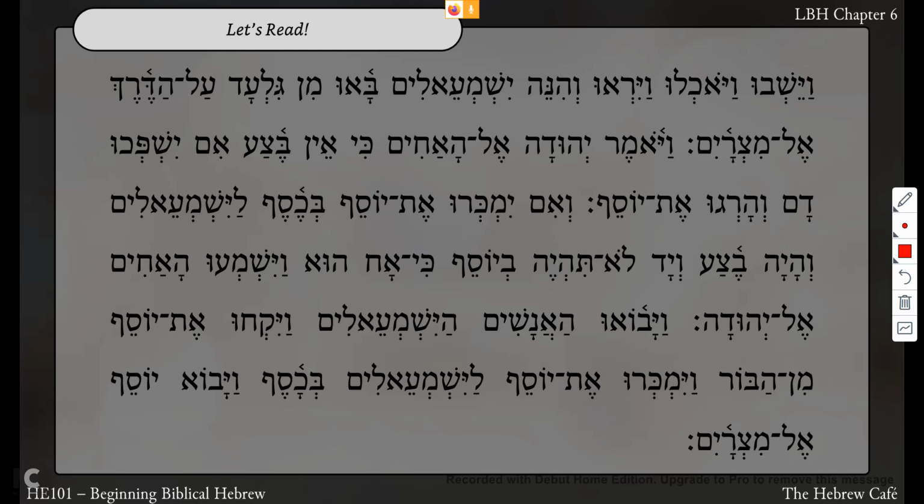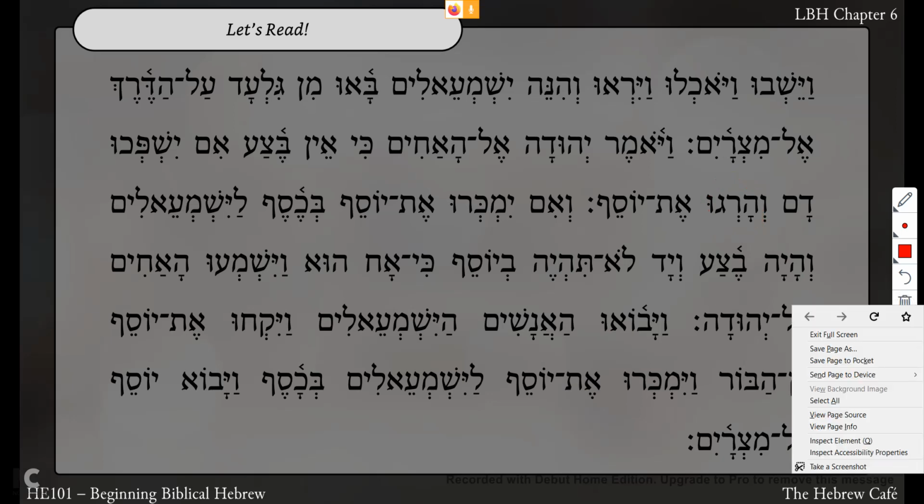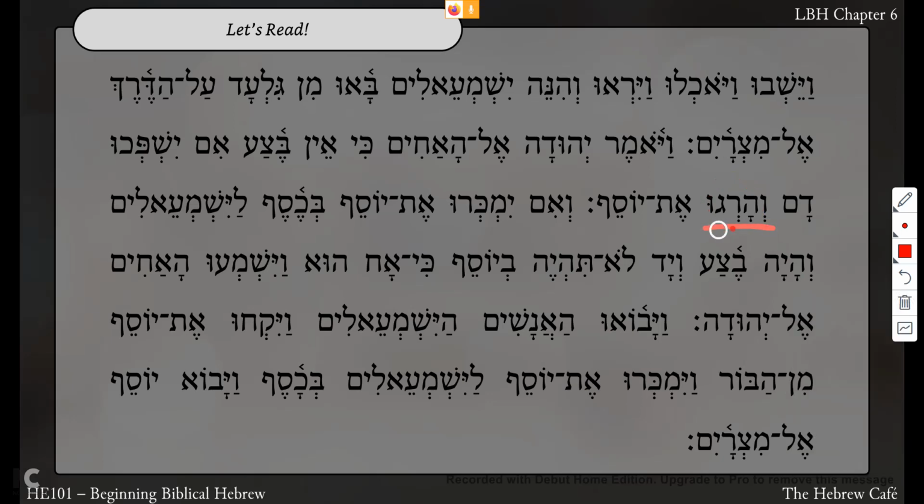Dam vehargu et Yosef. So harag is he killed, hargu is they killed, and the vav consecutive flips that around and says they will kill.